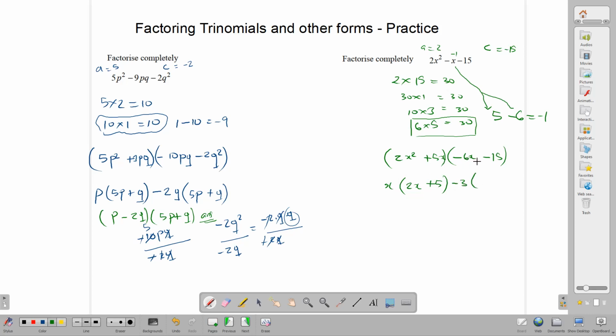So we divide negative 6x by negative 3, that gives us 2x, and we divide negative 15 by negative 3, and that gives us 5. Note again that your brackets should be the same. Our answer now is to combine our outside factors together, which is x take away 3, and write back our bracket.